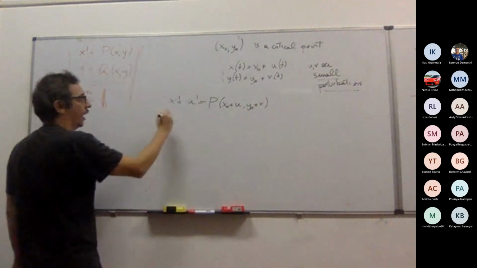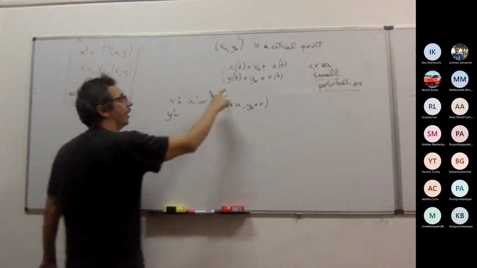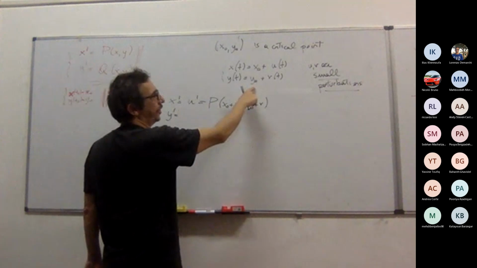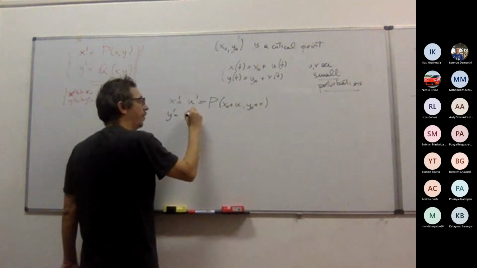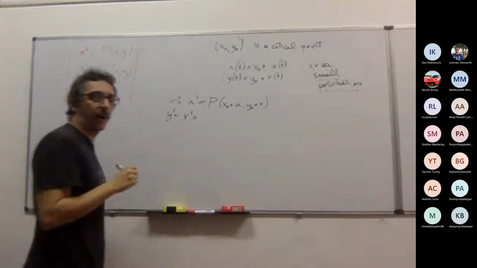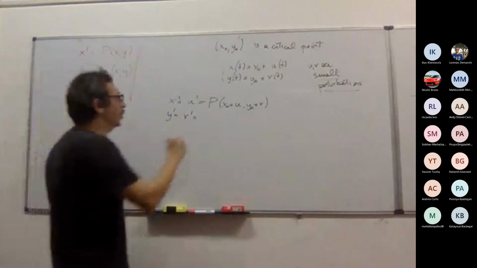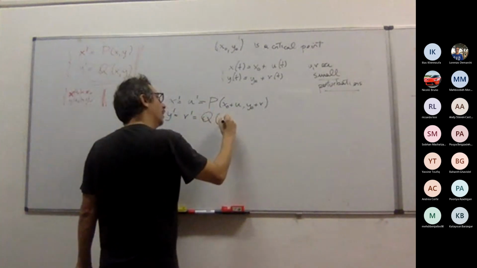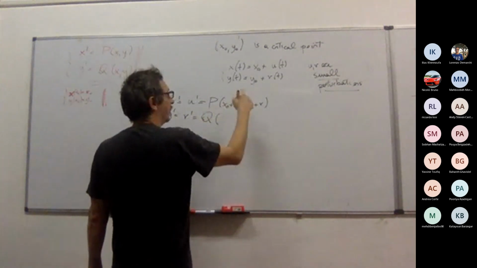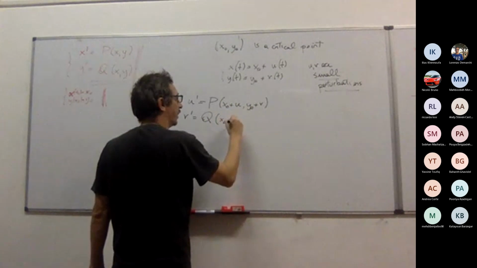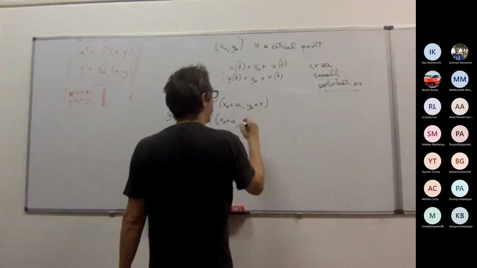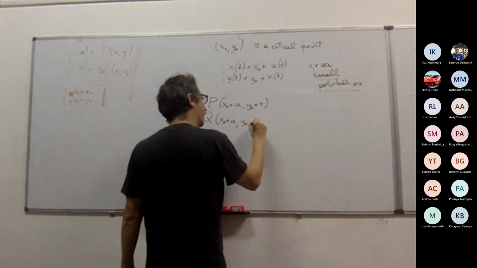I can do the same for y. So y prime is equal to y naught prime, which is 0, plus v prime. So here I have just v prime, and it is equal to Q of x naught plus u and y naught plus v.